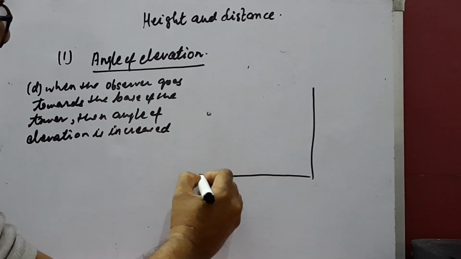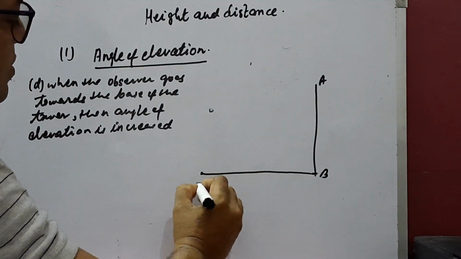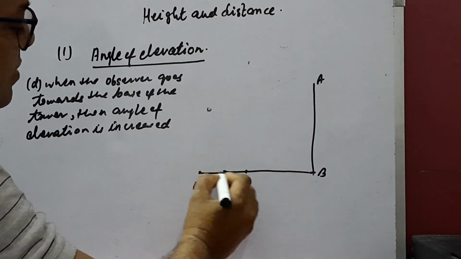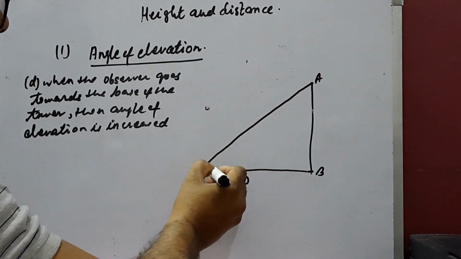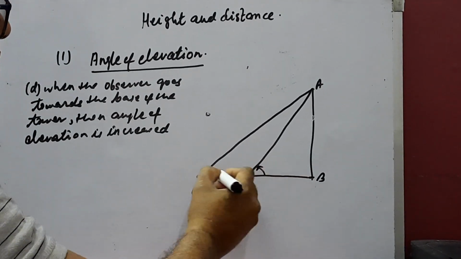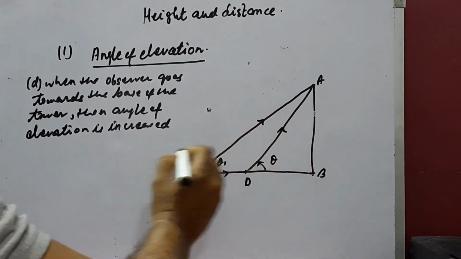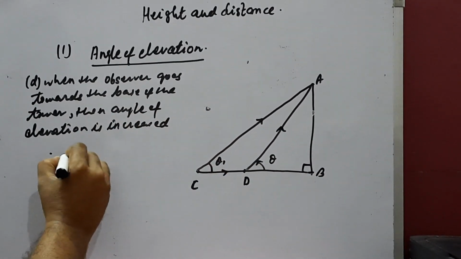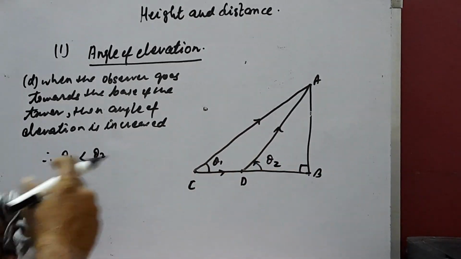For example, this is the original position, and now this is the final position. The observer is going towards the base of the tower, and this is the original angle of elevation, and this is the final angle of elevation. This is theta 1, this is theta 2, this is the line of vision, and this is a right angle. Therefore, theta 1 is less than theta 2.